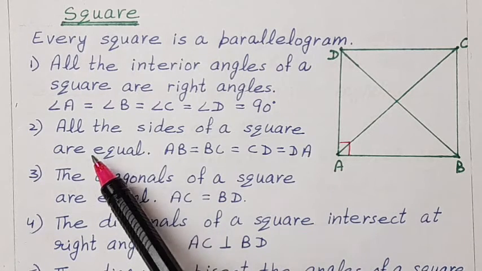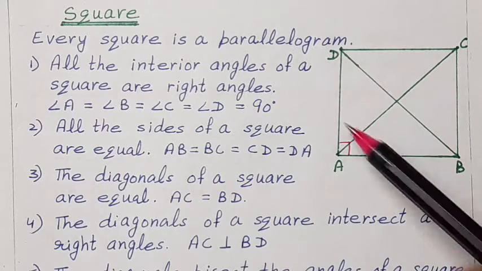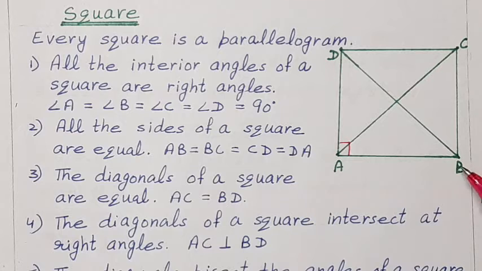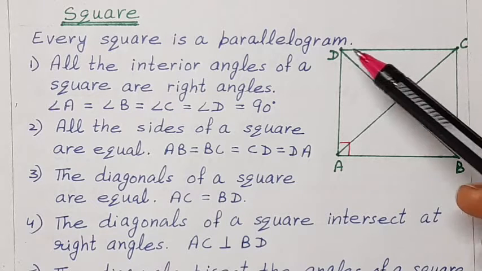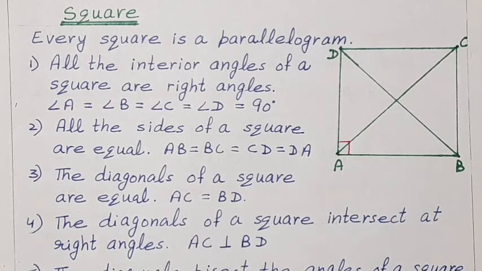Now, the second property is, all the sides of a square are equal. That is, AB is equal to BC equal to CD and that is equal to AD. Now this property is also same as rhombus. In rhombus also all the sides are equal.